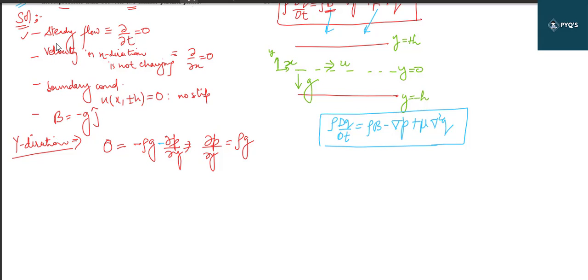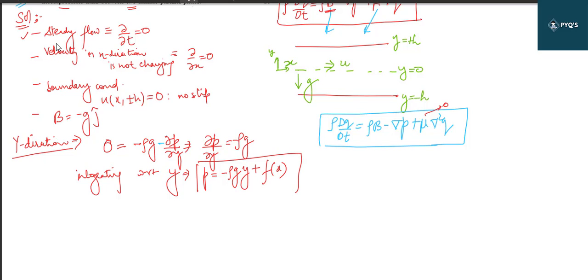Now integrating with respect to y partially, I'll get p equals minus rho g y plus f of x, some function of x.